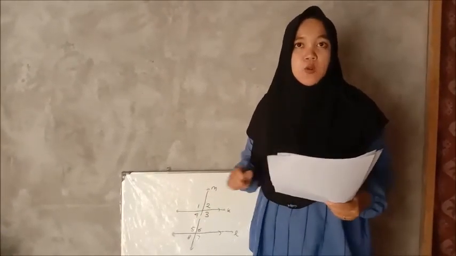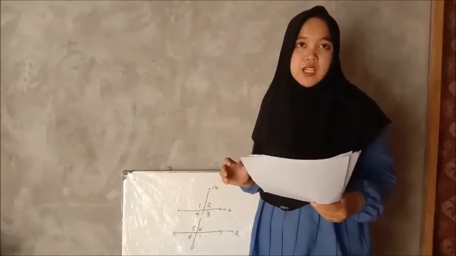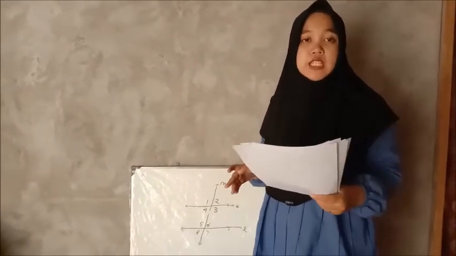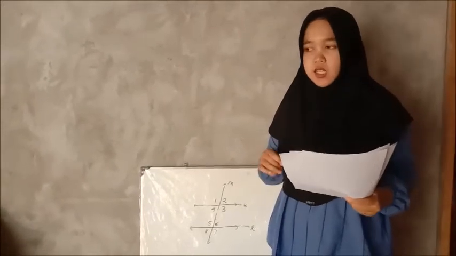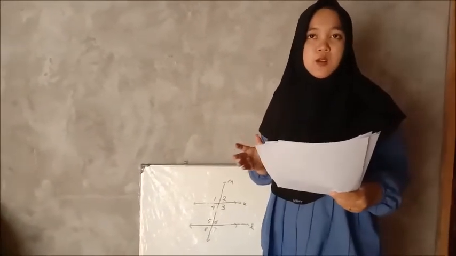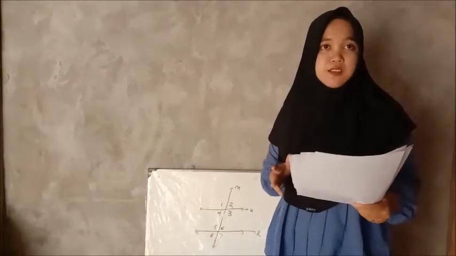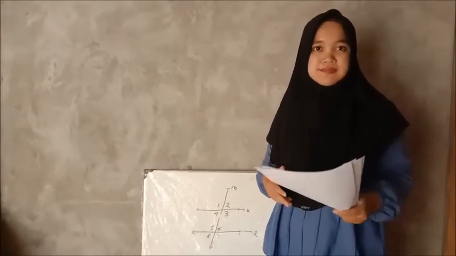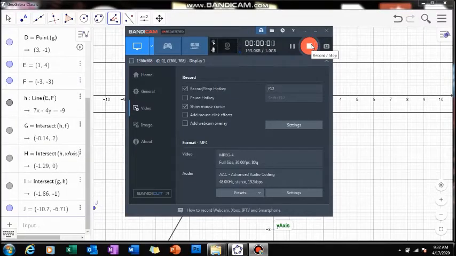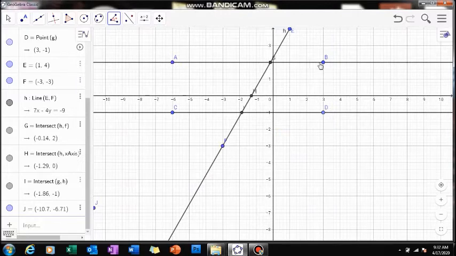Okay, now we will continue to match your answer with GeoGebra. You had solved it well with your group, but we will discuss it together with GeoGebra. Now we will solve the problem using GeoGebra. The first problem is corresponding angle, or sudut sehadap. One of the corresponding angles is BGE and FIH.